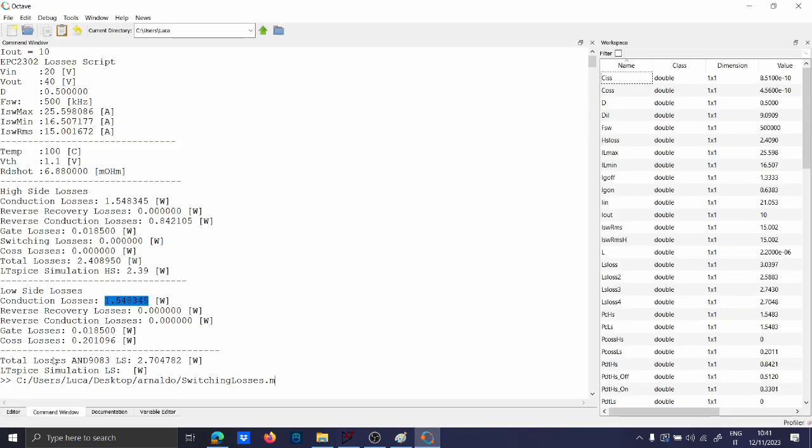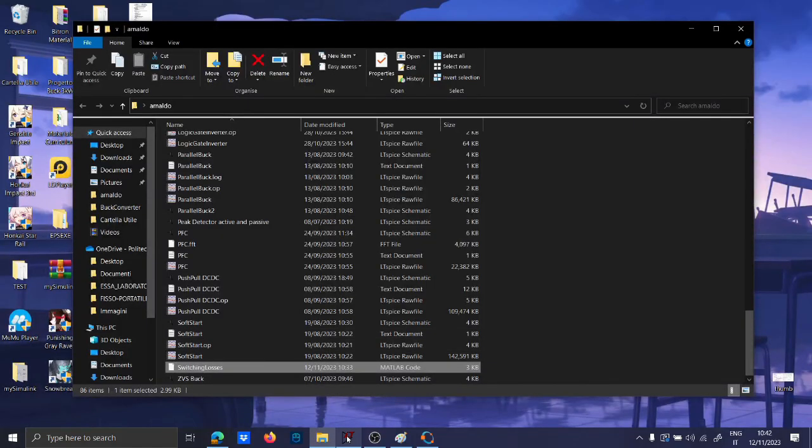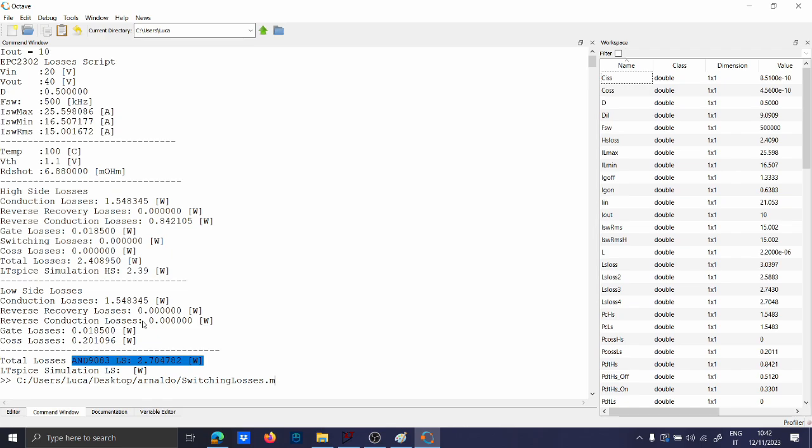But the total, if we add also the gate losses and the COSS losses, plus the switching losses, we have 2.7 watts. So this method here, I think that it is the most correct because I don't know, maybe LTspice is not considering something, but I think that this is more reliable.